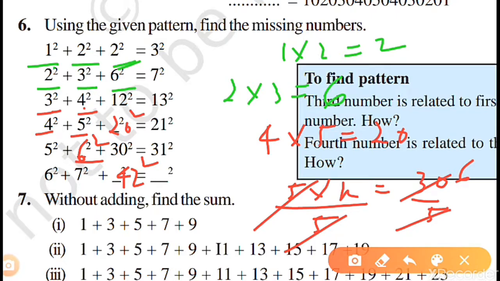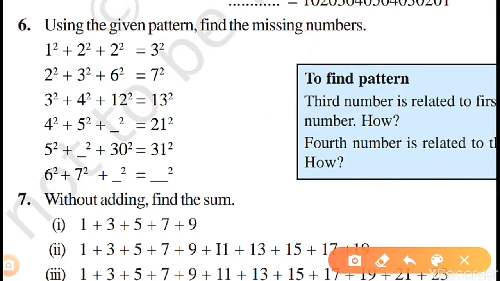We have calculated the relation between the first three digits: the third digit can be obtained by multiplying the first two digits, 1 and 2. Now you see the relation between these two digits: 2 plus 1 is equal to 3, 7 is equal to 6 plus 1, and 13 is equal to 12 plus 1.